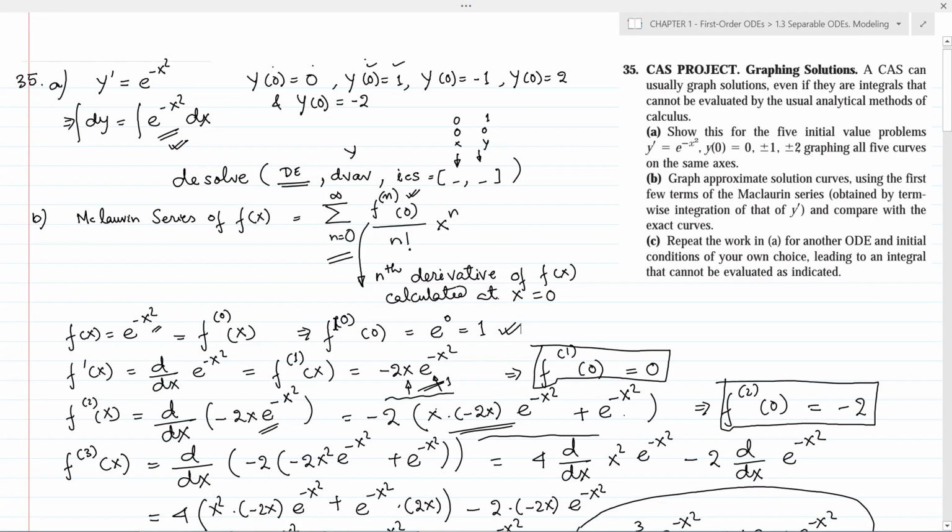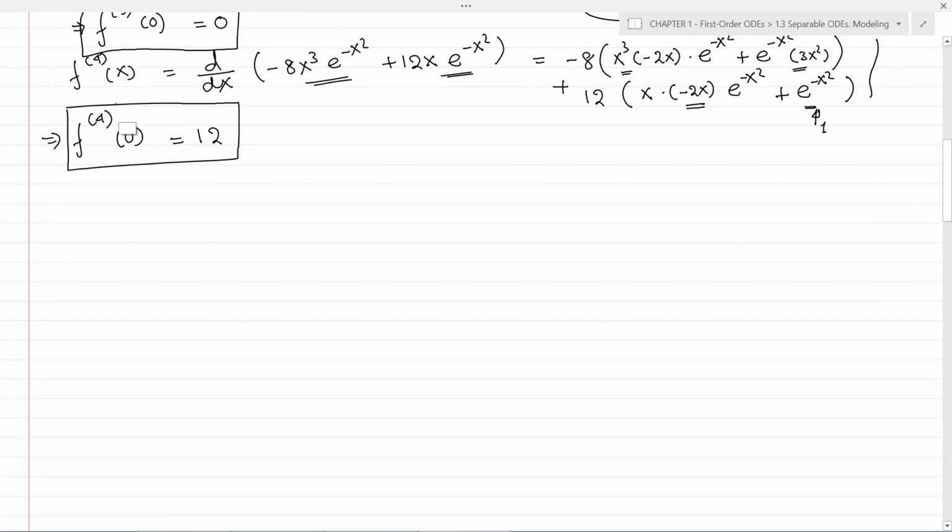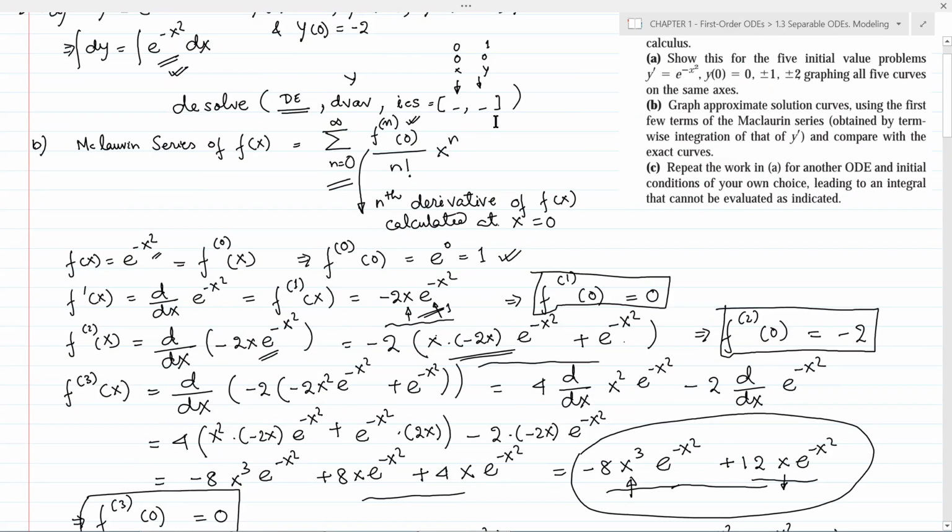Now we can use the Maclaurin series and we can write the Maclaurin series of e to the power minus x square equal to, we can write the first 5 terms in this equation. We will first put n equal to 0, then 1, then 2, 3 and 4.